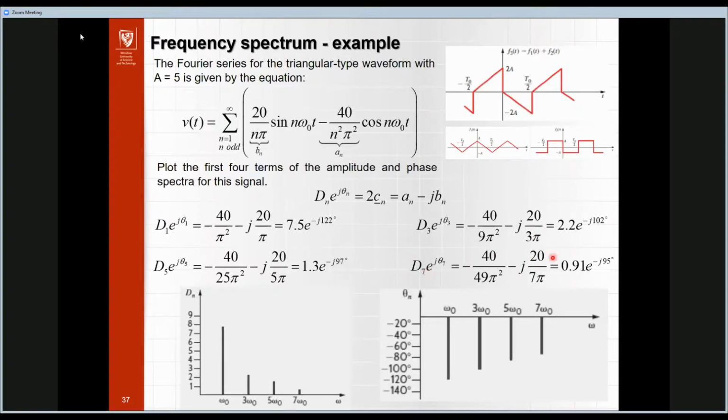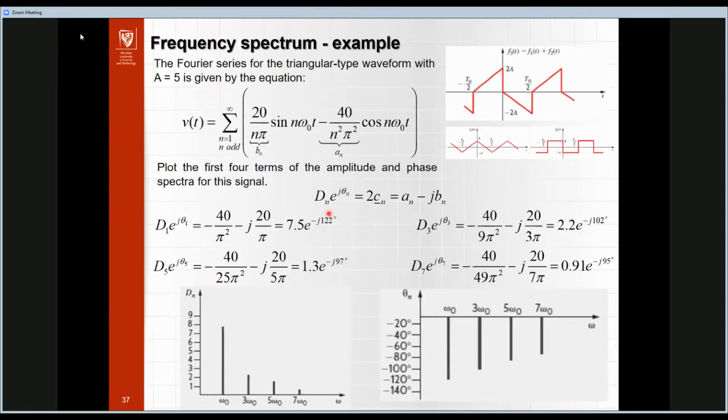And now we can plot this. For the first we obtain more than 7.5. For the triple frequency we obtain such an amplitude, and the same for this one and for this one, and the same for the phase.